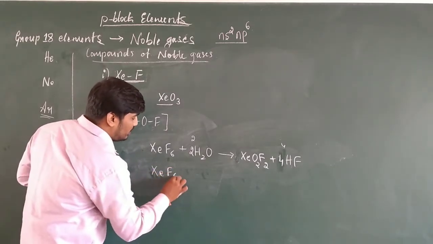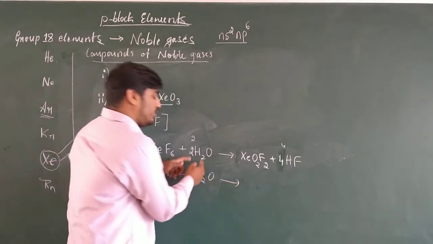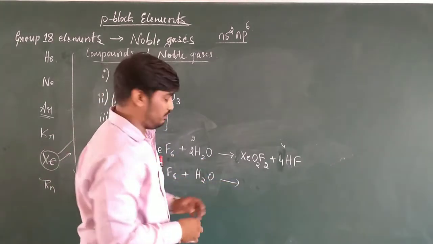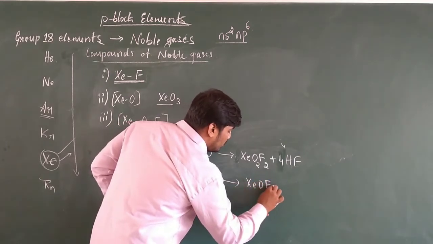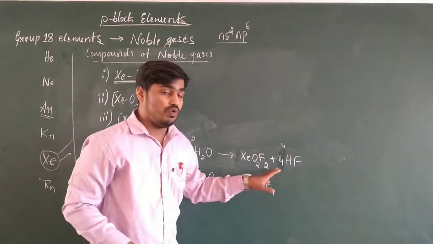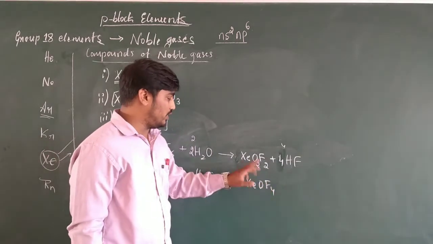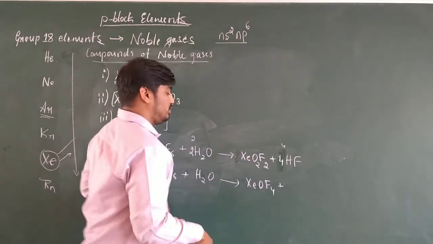Xenon hexafluoride, suppose it is hydrolyzed with a small, limited quantity of water. Then they give xenon oxyfluoride, XeOF4 tetrafluoride, here difluoride, and HF.